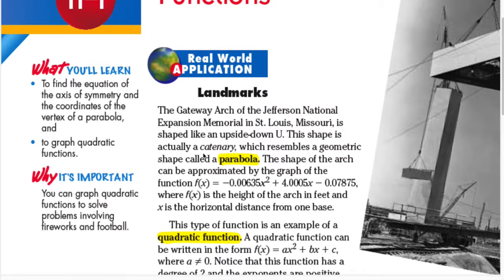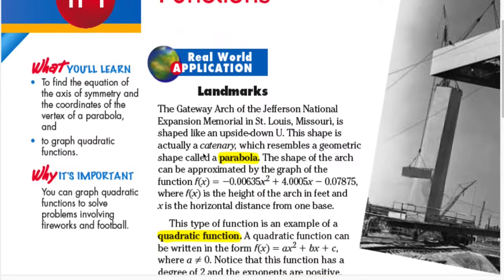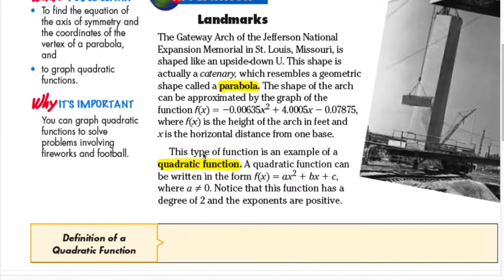So let's take a look at this real-world application on landmarks. The Gateway Arch of the Jefferson National Expansion Memorial in St. Louis, Missouri, is shaped like an upside-down U. This shape is actually a catenary, which resembles a geometric shape called a parabola.